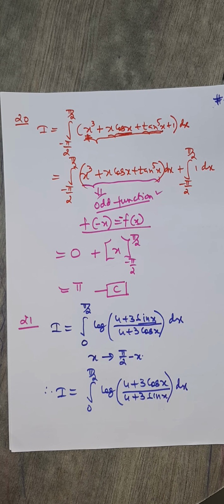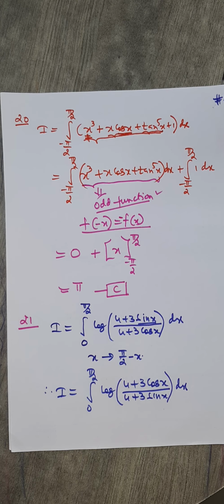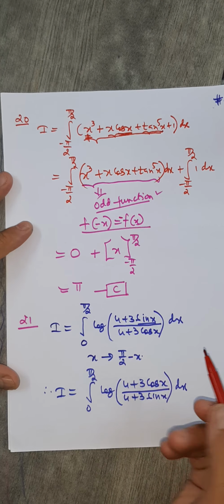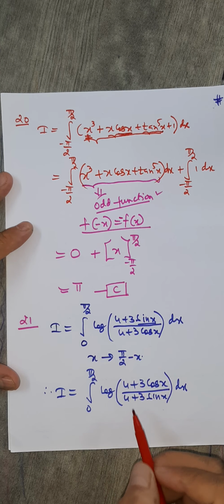If you observe this expression and this one, one way is to add them. After using this property, we can always add them. Otherwise, this expression is just the reciprocal of this.